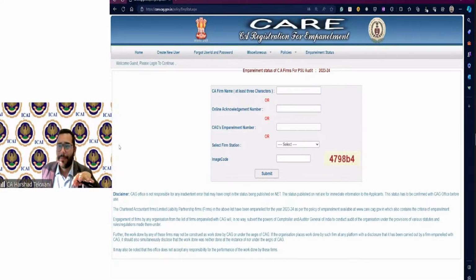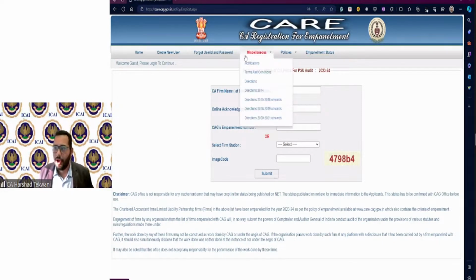This is a website managed by CNAG, where CA firms can apply for the empanelment. CA firms, partnership firms, LLPs can apply for the empanelment as per the policy. So there are policies which they roll out for the empanelment.